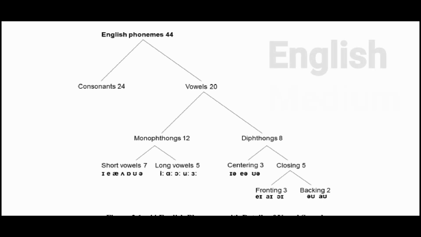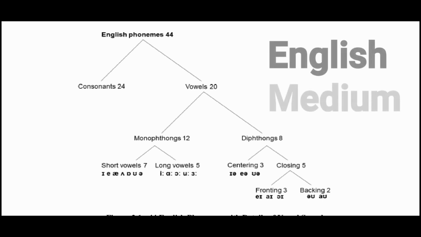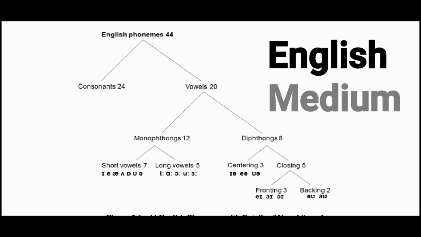But for the closing diphthongs there are two more classifications. They are fronting 3 and backing 3. So in fronting, the strong vowel of E and I, and the short vowel of A and I, and the short vowel of E and I, both create the diphthongs.